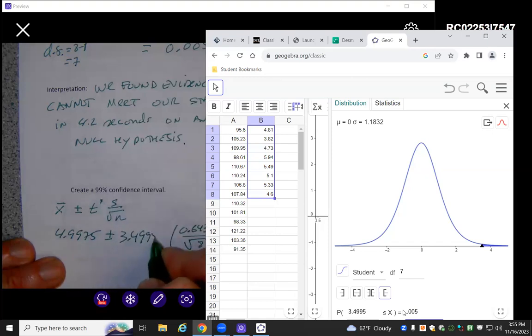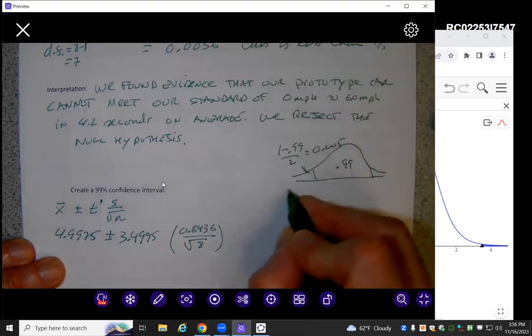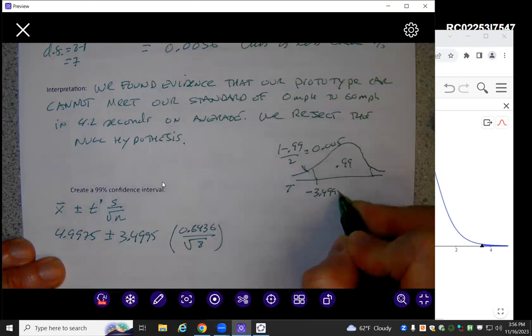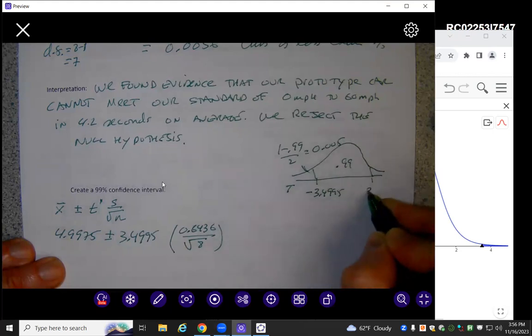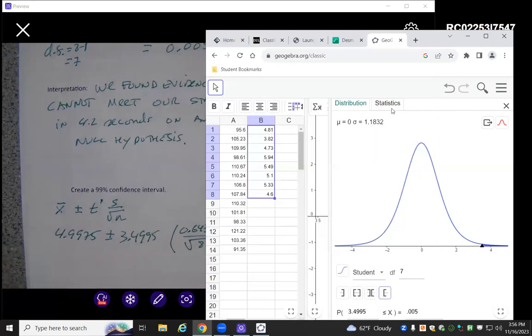So again, when I come over here, if this is a T distribution, then this value is negative 3.4995, and this value over here is positive 3.4995. And now we're going to just dump this into GeoGebra and see what we get.